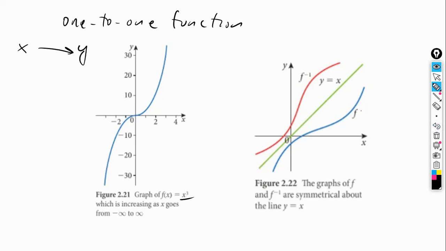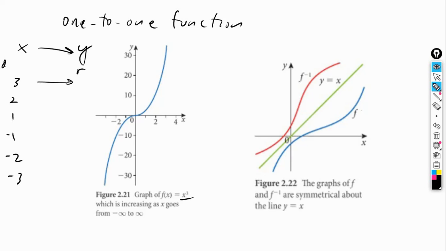We said that if you grab some values from the domain of f of x equals x cubed, the examples we had were 3, 2, 1, and also negative 1, negative 2, and negative 3, and these would map into the range. So this would be the domain, and this would be the range, right?